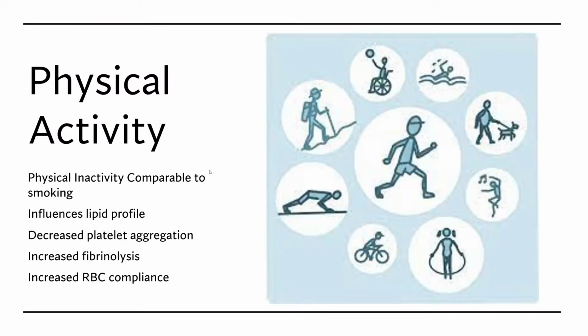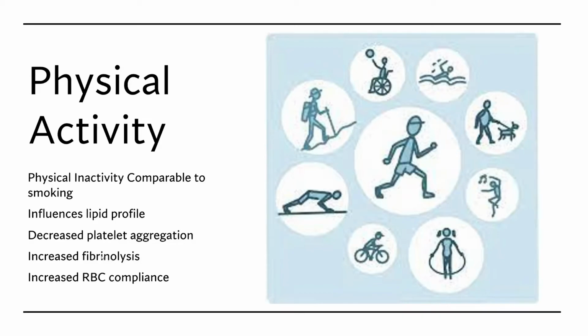Physical activity is a big one. Physical inactivity, they believe, is fairly comparable to smoking. So it is a huge risk factor. It influences your lipid profile just like cigarette smoking. Increased physical activity causes decreased platelet aggregation. Another way of saying that would be physical inactivity causes excess aggregation just like smoking.